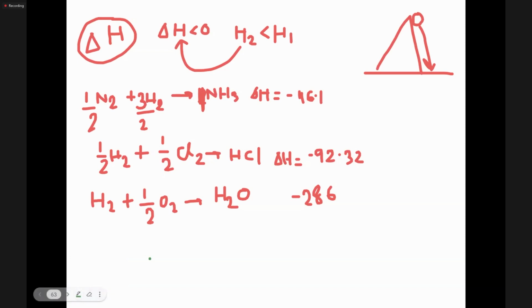So we can actually draw a diagram on the basis of this. This is the enthalpy diagram for an exothermic reaction. We have two axes. On the x-axis, we have the reaction coordinate.